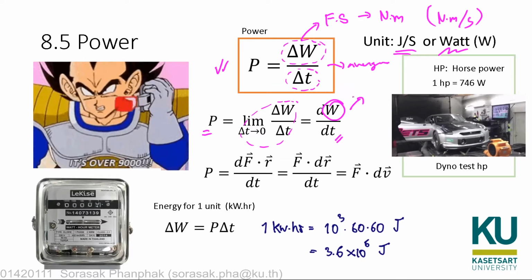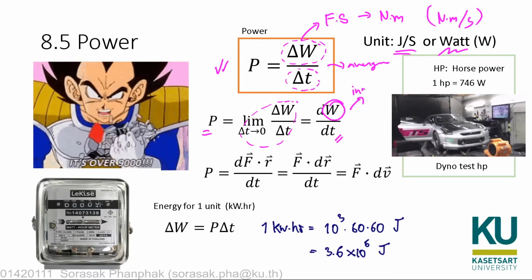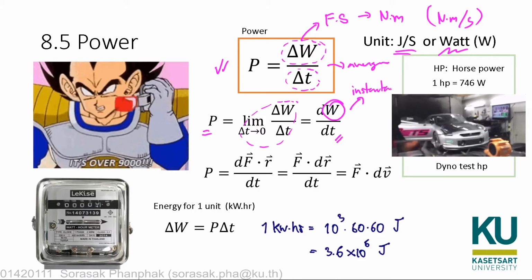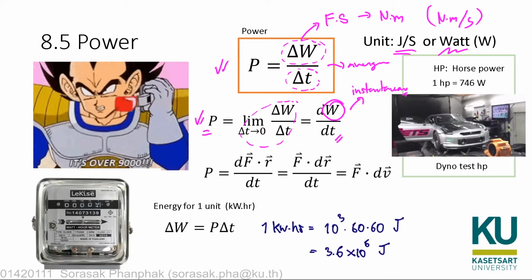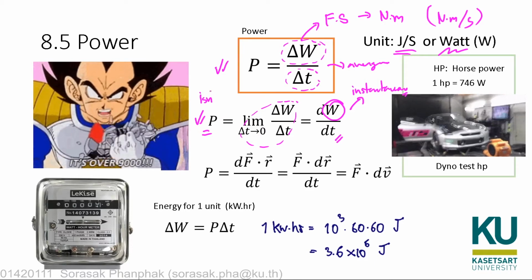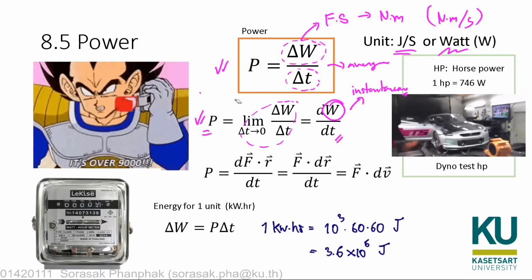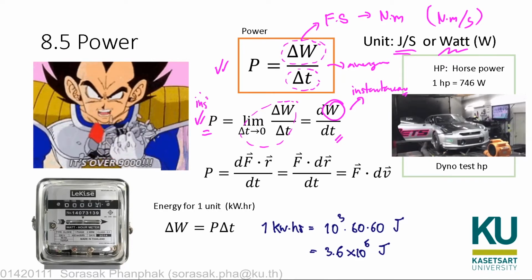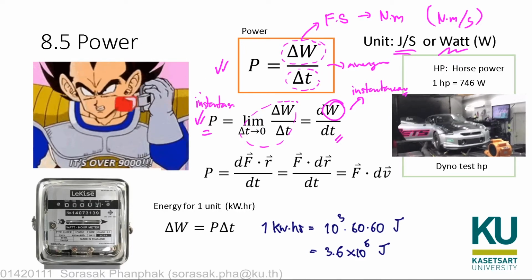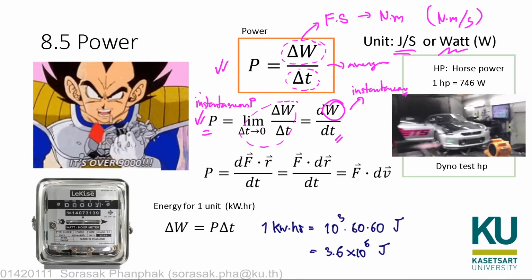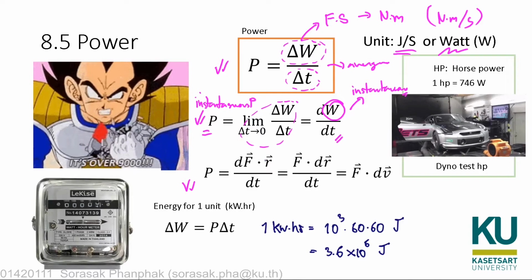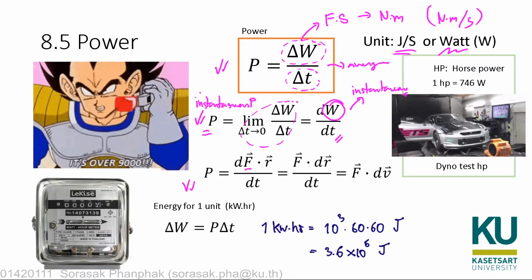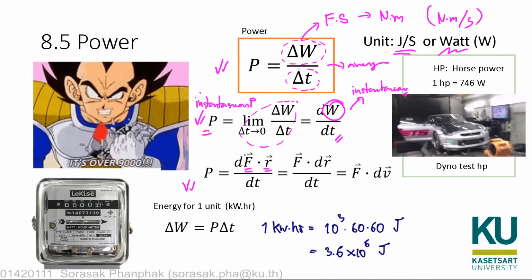And this is like the instantaneous, so from this one you can also find the instantaneous power. We can further derive this as we know the work is F dot ds.